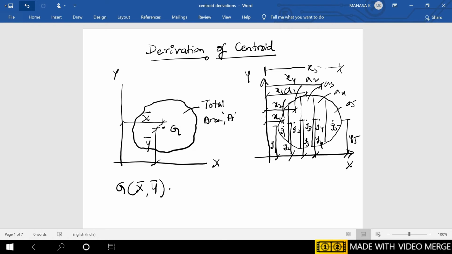So these are the coordinates of every centroid. You can say that this entire lamina is divided into 5 elemental strips.